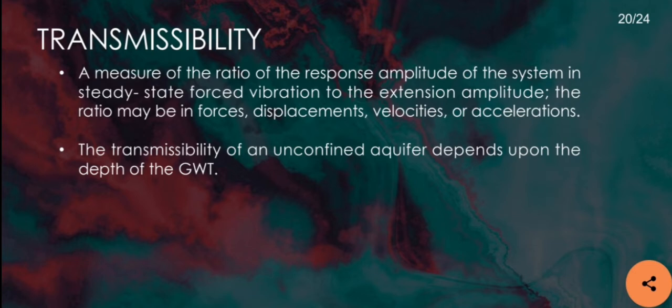The transmissibility of an unconfined aquifer depends upon the depth of the groundwater table. So, transmissibility is described as the ability of the aquifer to transmit water throughout its entire saturated thickness.